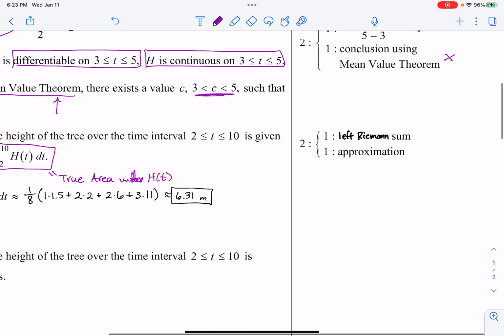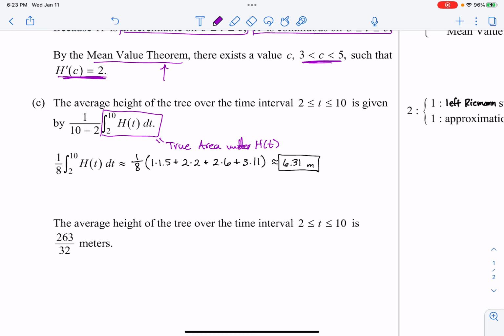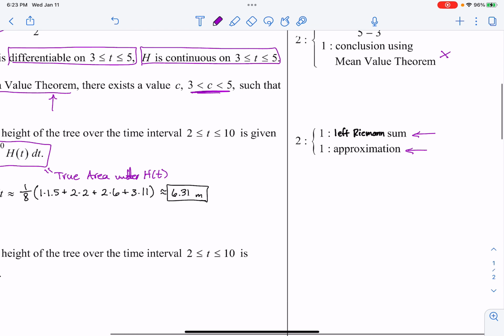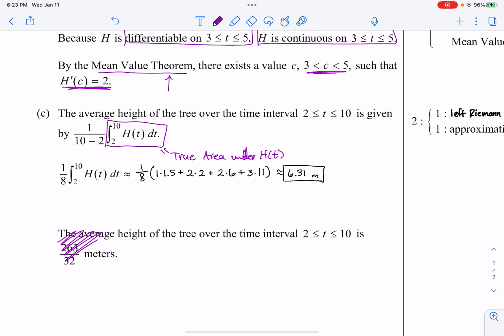So they give you 1 point for the sum, and then 1 point for the approximation. Right? And so is that right? Let's see. 1 point for the sum, 1 for the approximation. I guess what they mean to say is, oh, and this part is incorrect based on the way I revised the problem, so we should get rid of that.